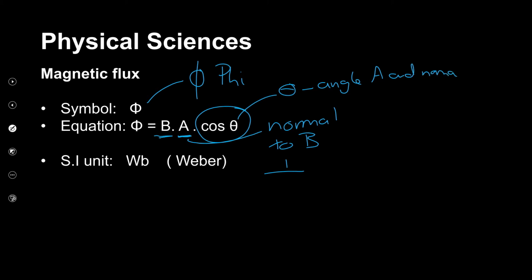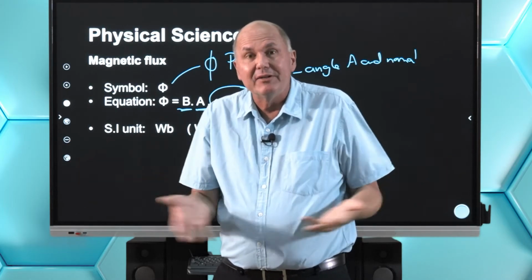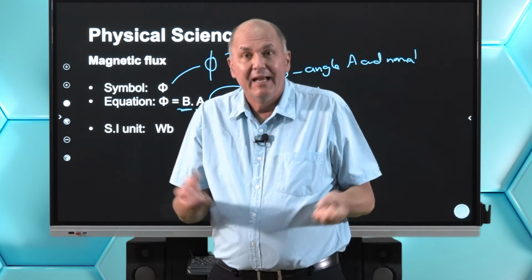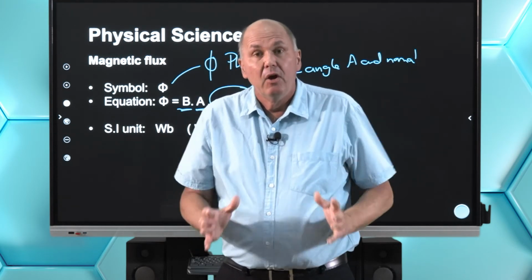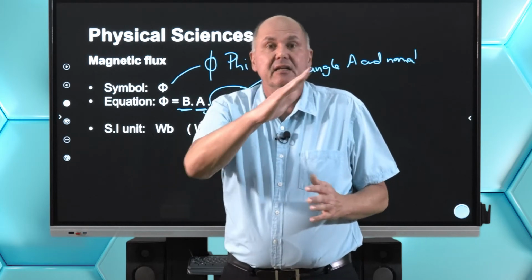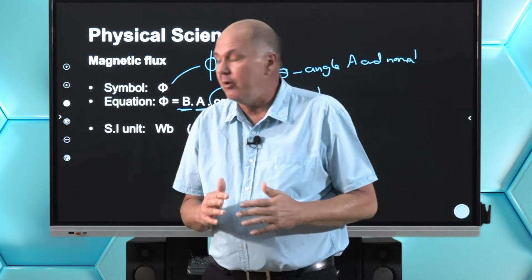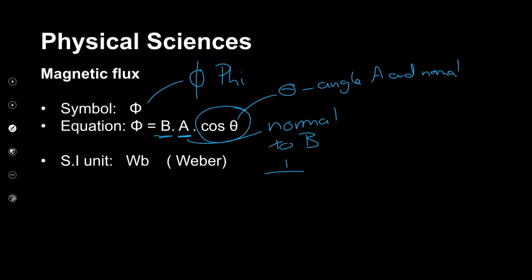So it's a component, if you like, of the area that needs to be at 90 degrees, because at 90 degrees, that's where it's going to be the most effective. It's the best way to compare what the actual flux is. Because if it's just hitting a little bit, we'd not get a good idea if the area wasn't exactly right. So the unit here is called a Weber, and the symbol is Wb.